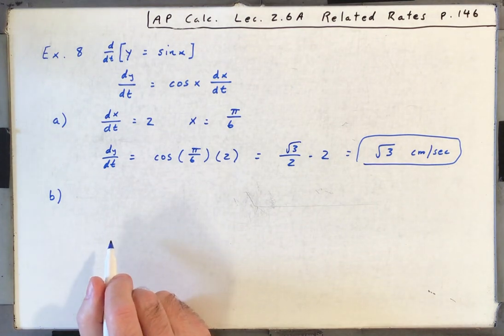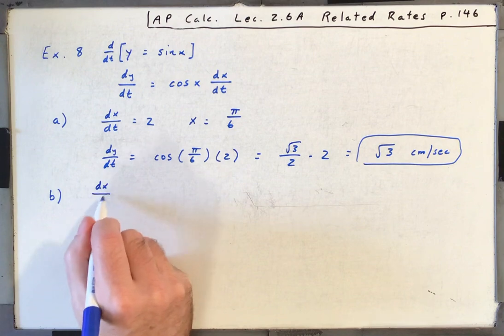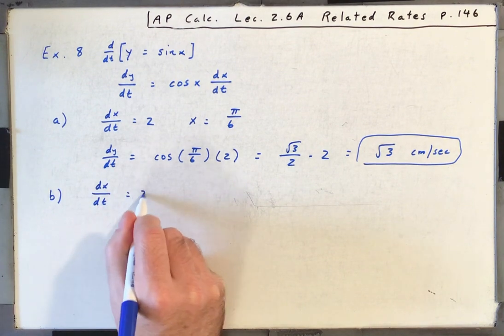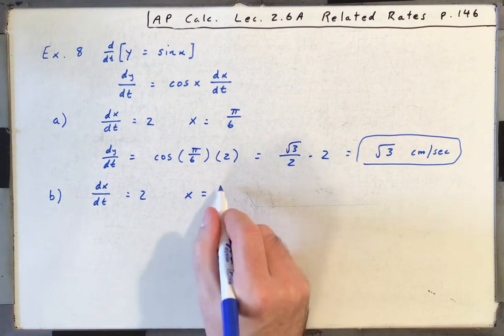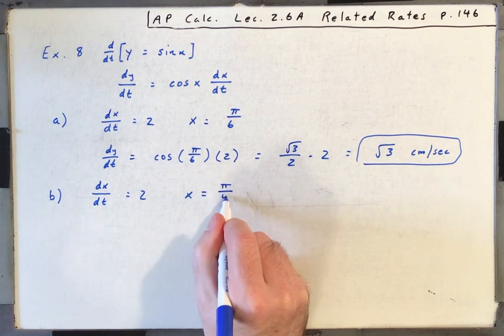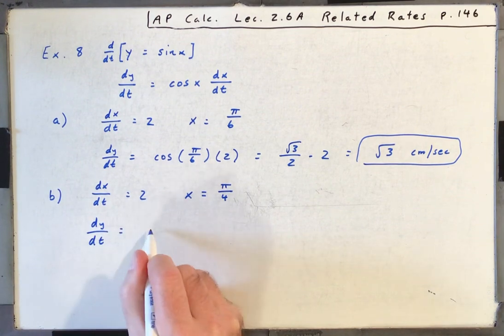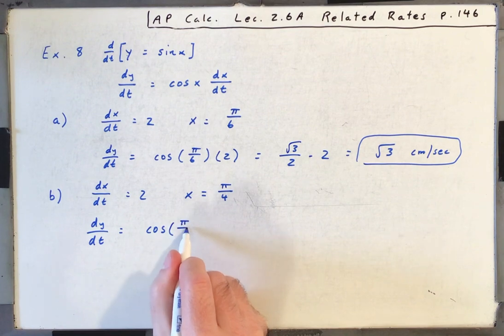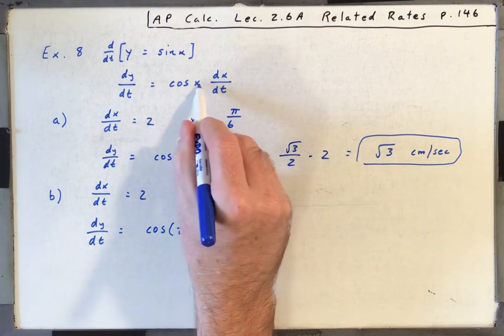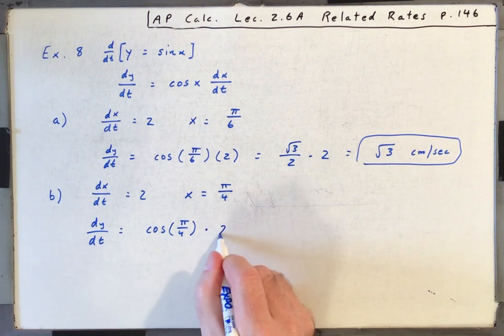All right, part B, dx/dt is still 2. And this time x is equal to pi over 4. So dy/dt is equal to cosine of pi over 4. I'm just plugging into this equation right here, times 2.